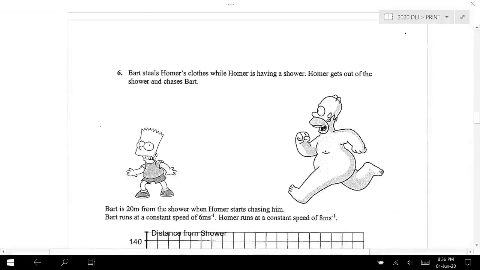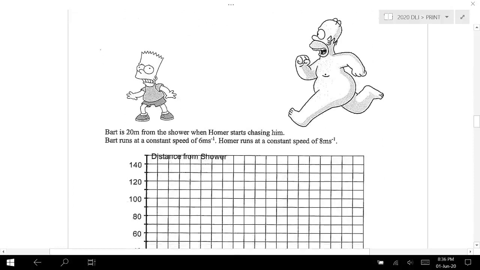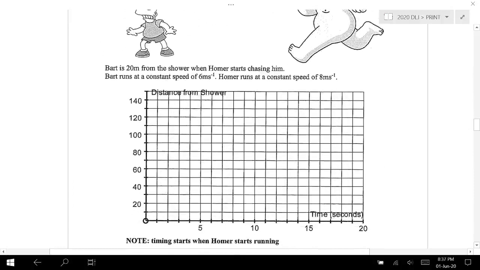Alright. Bart steals Homer's clothes while Homer is having a shower. Homer gets out of the shower and chases Bart. Bart is 20 meters from the shower when Homer starts chasing him. Bart runs at a constant speed of 6 meters per second.